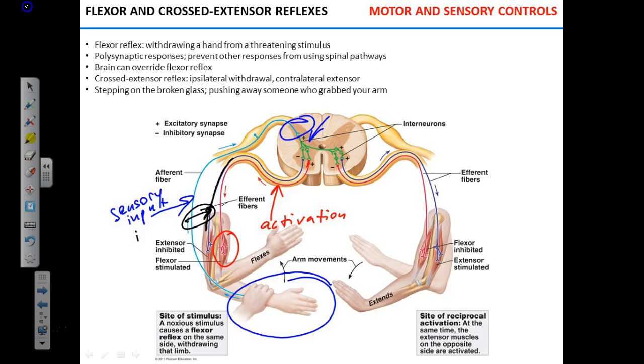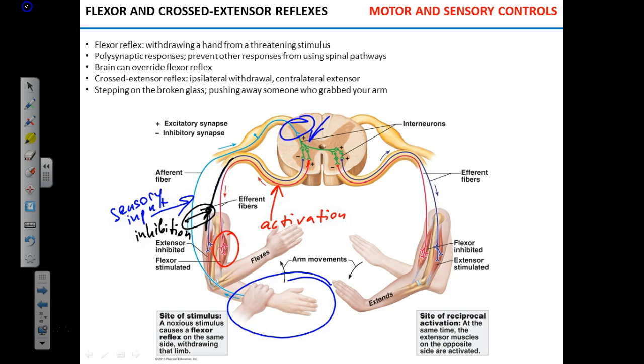Inhibition. Angelina, is that better? Awesome. Do you understand this part? That's your response. That sensory input produces two motor outputs: activation of the flexor and inhibition of the extensor, the reciprocal inhibition of the extensor. Does that make sense?